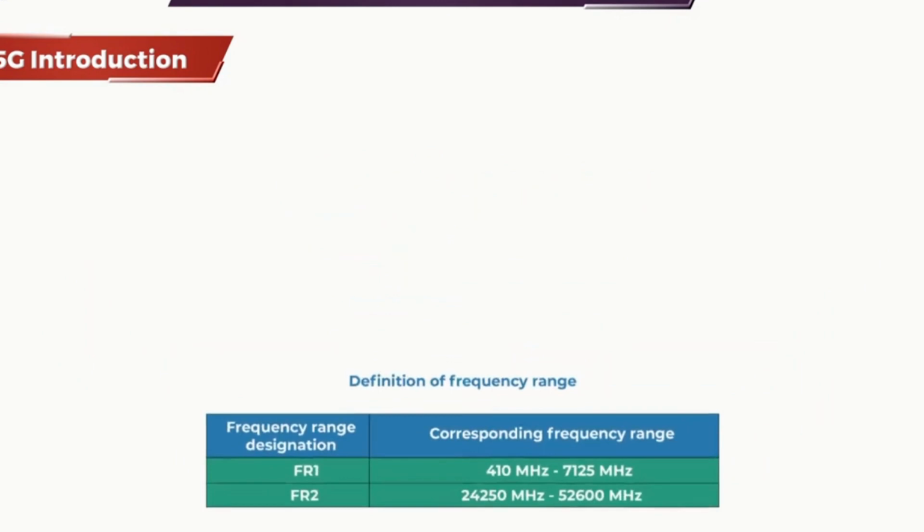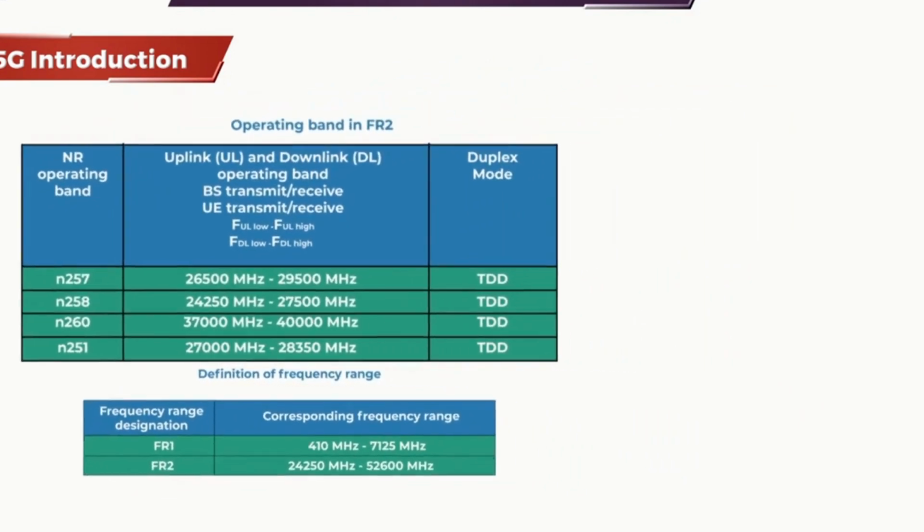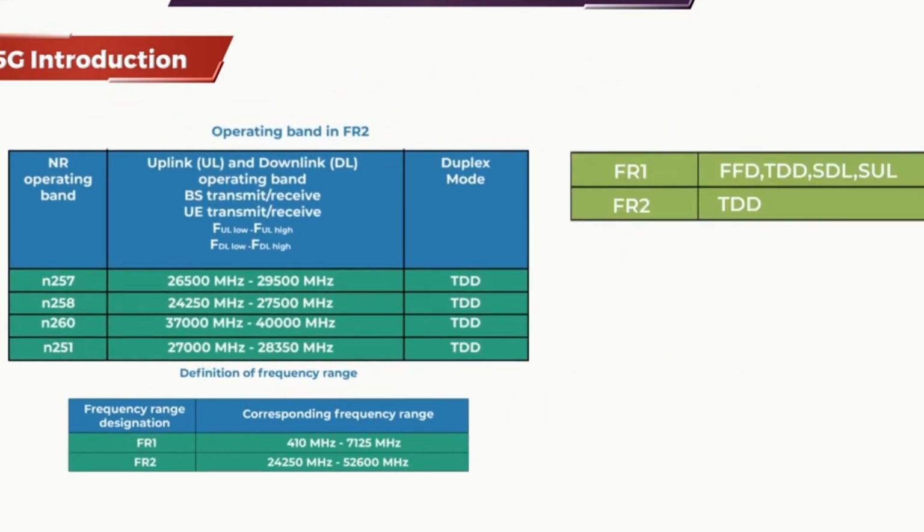Frequency range 1 supports channel bandwidths from 5 to 100 MHz, whereas frequency range 2 supports channel bandwidth from 50 to 400 MHz. Frequency range 1 includes operating bands which support frequency division duplexing, time division duplexing, supplemental downlink, and supplemental uplink, whereas frequency range 2 supports only TDD.